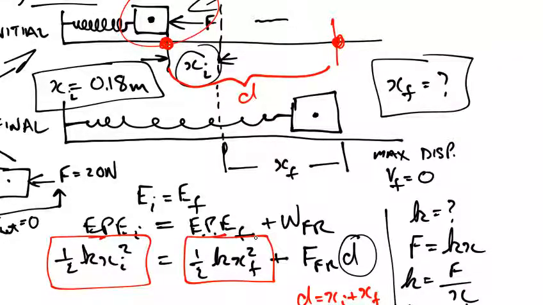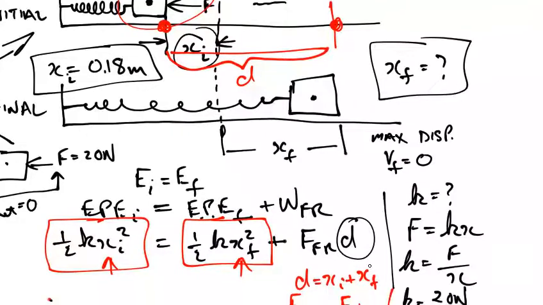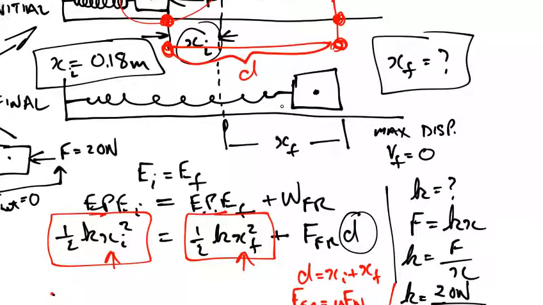In fact, it wouldn't even matter if I used a negative distance, because I'm actually squaring my positions, so it's going to be the same value in any case. However, what is important is to notice that for the distance d from here to here, if you happen to use a negative value for, say, xf, you'll get it wrong, because d is the total distance from your initial point to your final point. And friction, in fact, is dissipated over that entire distance. Okay?